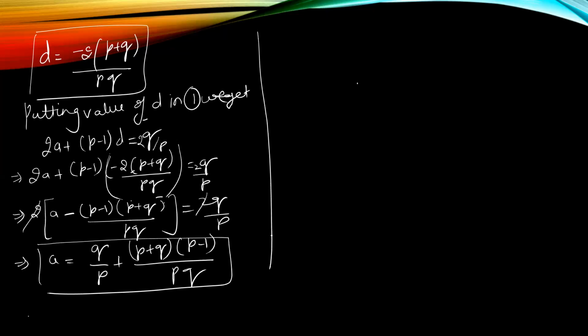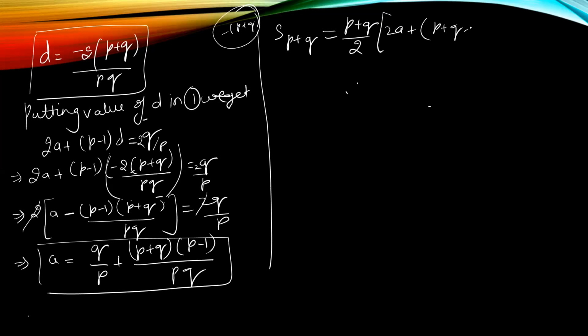What we need to find out? We need to find sp plus q, right? We need to show whether we are going to get minus of p plus q as our answer or not. So let's see. We need to find sp plus q. So it's going to be p plus q upon 2, 2a plus p plus q minus 1 into d, right? In place of a and d, let's put the values.